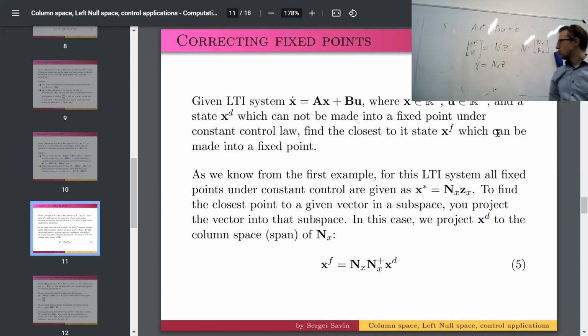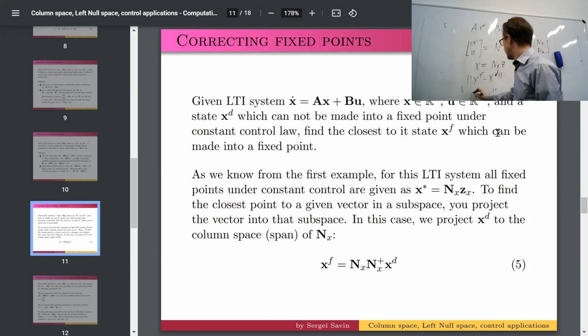Great. Now I'm asked to find xf, which is the smallest difference from xd, but I know that xf is supposed to be equal to nx times z, something like this. Well, how do we do it? Well, this is a subspace. This nx is a matrix which spans the subspace, right?